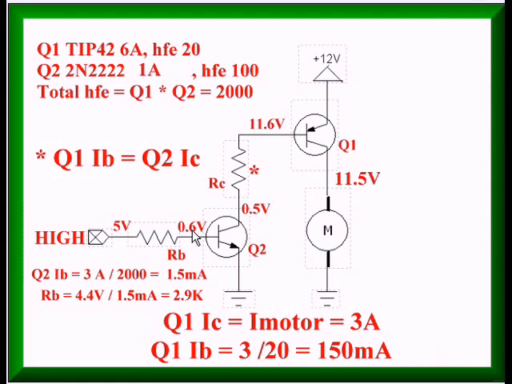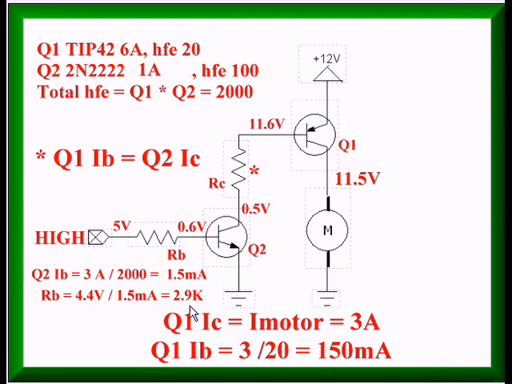Okay, so if you look at it this way, subtract 0.6 volts from 5 volts, that leaves me 4.4 volts. Divide that by RB, that's IB, that's your base current. Divide by 1.5 milliamps, it says 2.9K. I would use a 2.2K.